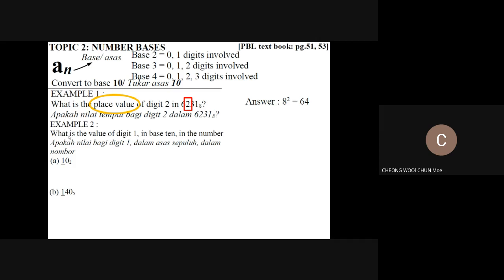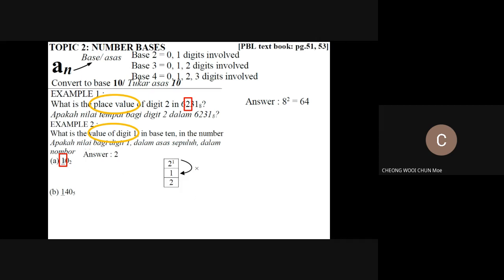So example 2, what is the value? Now it is not place value, it's the value of digit 1 in base 10. So this is base 2, this is base 5. For base 2, we change to base 10. Start off with this digit 1. So this is 2 power 0, 2 power 1. So 2 power 1 times 1, I get 2.